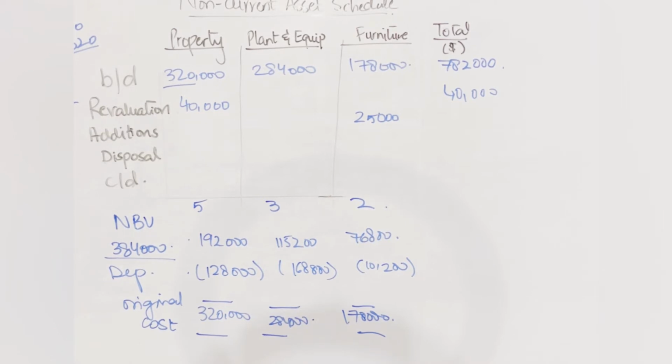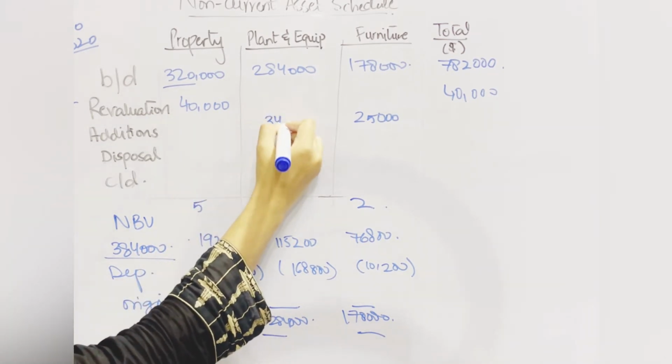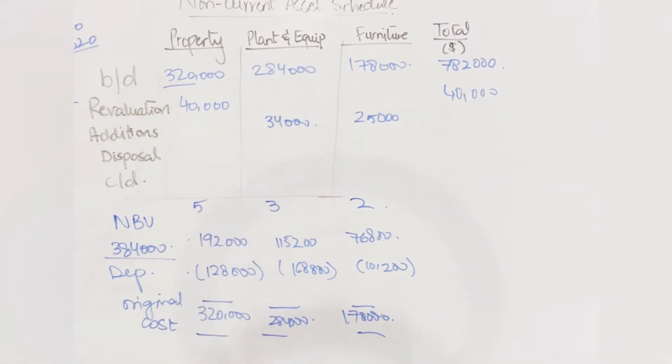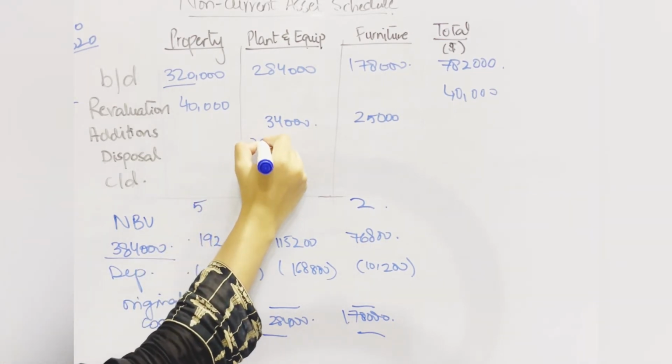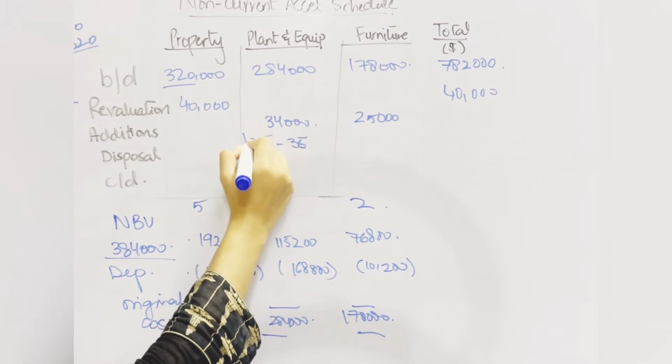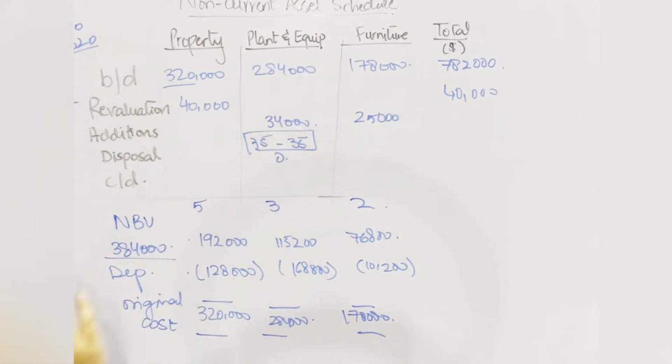If you calculate the cost side by side, 34,000 have been paid. It is not the total cost. It is a part of the total cost. Then the old item had an original cost of 35,000 and was fully depreciated, which means if it had a cost of 35, it was depreciated 35, and nil balance is at the end. And it was said that the part exchange value was 8,000.